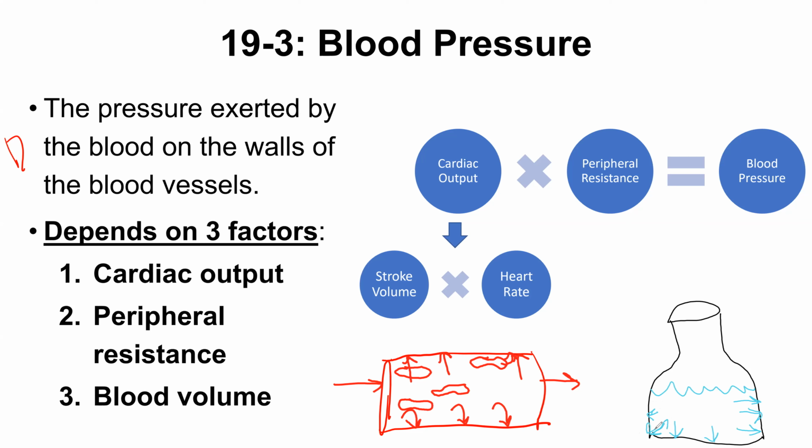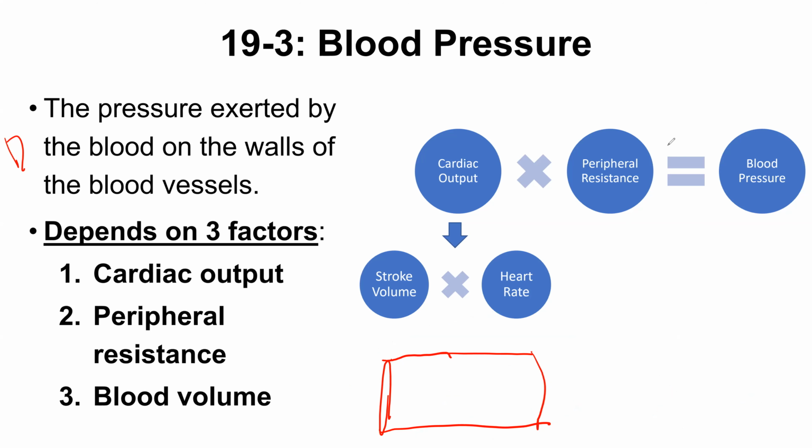We can see that the water would be pushing against flask walls. Sort of the same situation over here in the blood vessels. The blood is going to push, because it's the fluid, it's going to push up against the walls of the container that is holding it. And how strong of a force gets pushed up against those walls is what we're calling blood pressure.